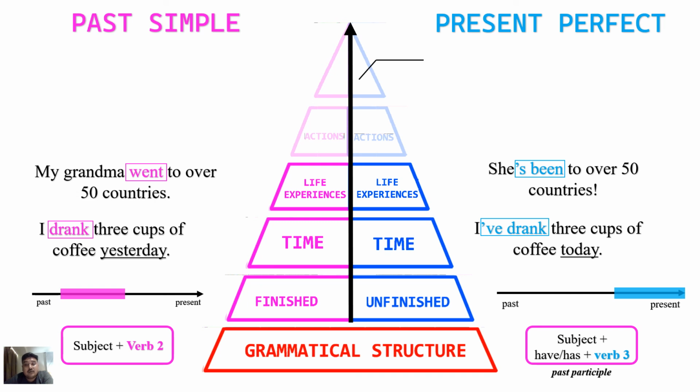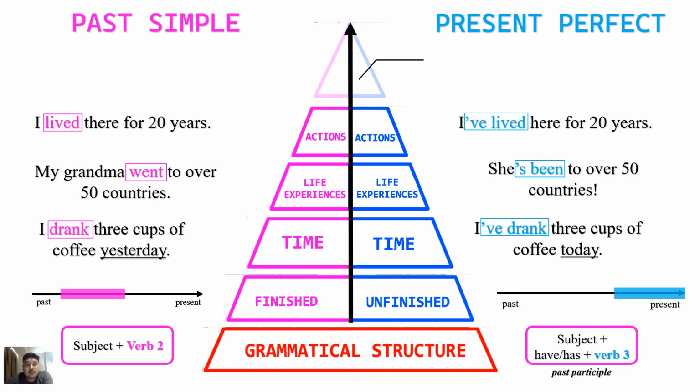She is alive. Finished actions: I lived there for 20 years. Unfinished: I have lived here for 20 years.